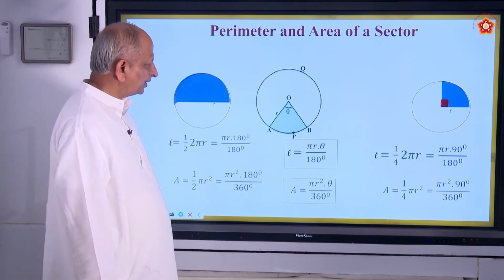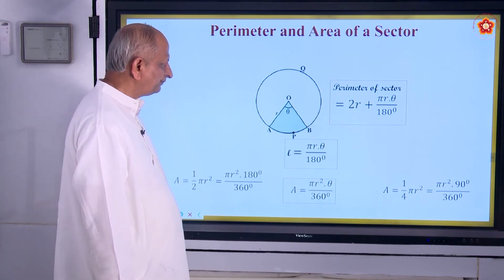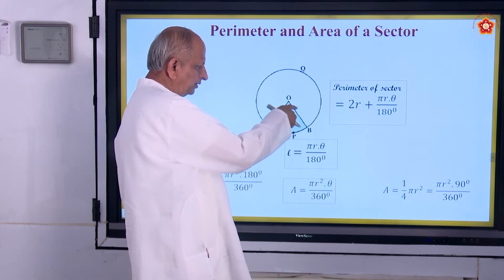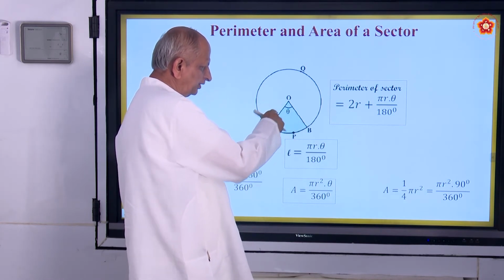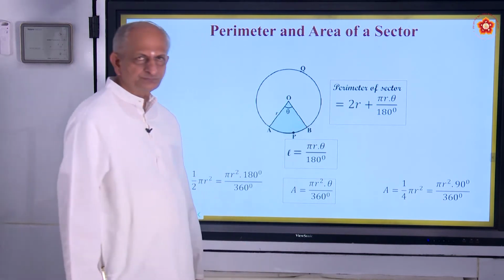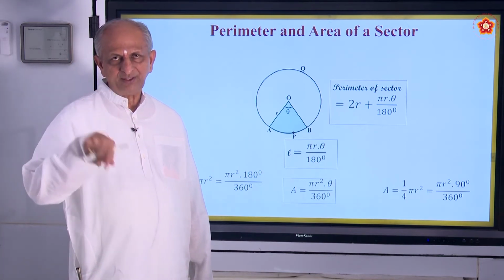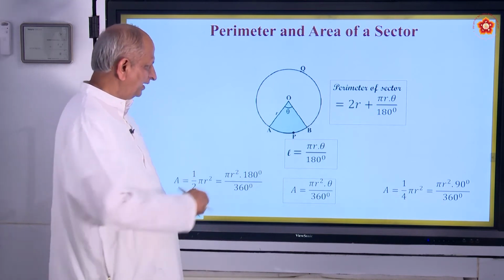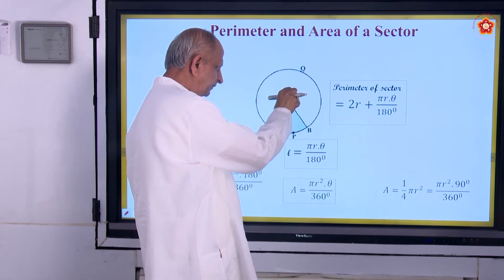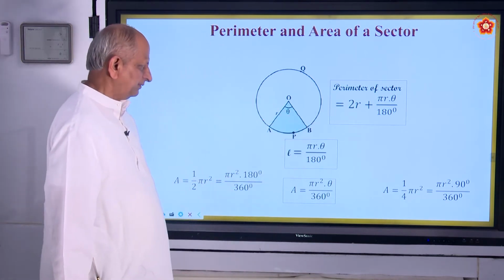Now, using this, let us work out some problems. So, perimeter of a sector is given by the formula. So, perimeter means total length of this 2r, this is r plus this arc, that is called as arc. And what is the device you use for that? The device is called compass, and with the compass we keep in the compass one of the sharp tips here, we are moving this, that is called as perimeter.